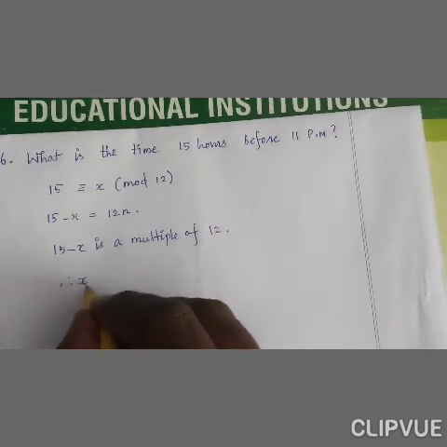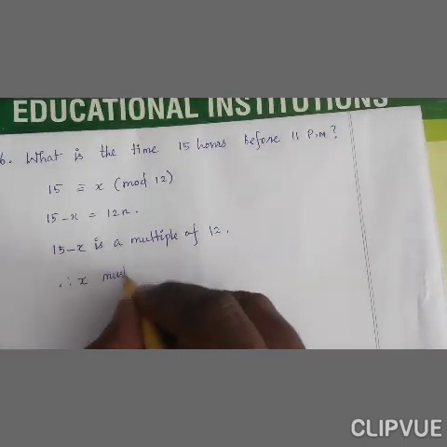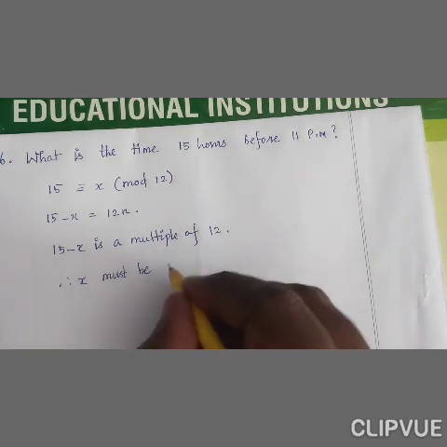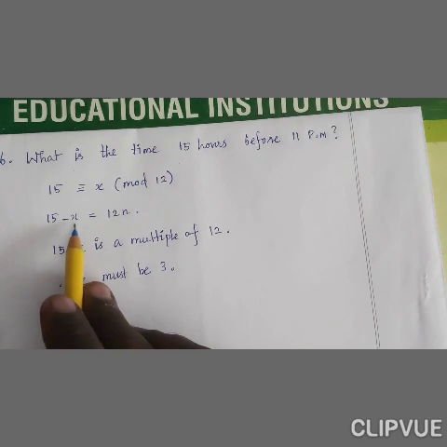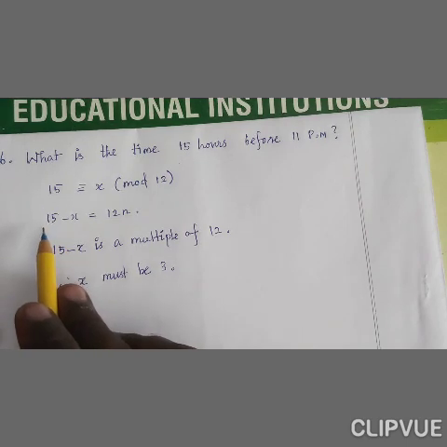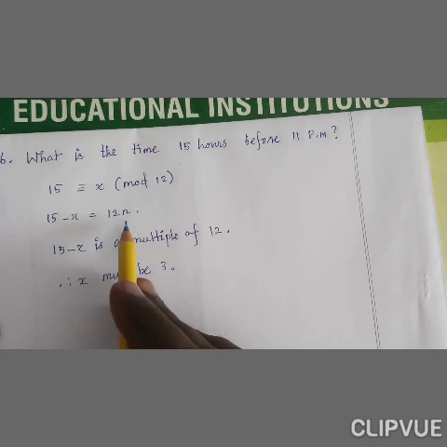So, x must be 3. You know why? If you assign x is equal to 3, we'll get 12. So, 12 is a multiple of 12, you know that.